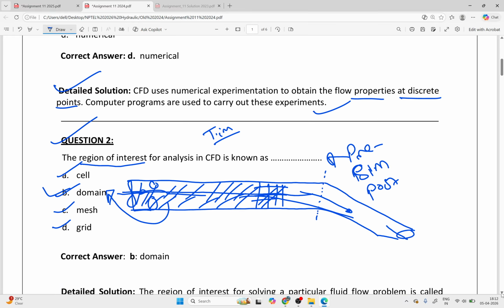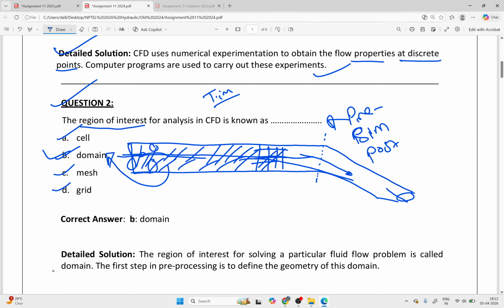Very fundamental. Here you can see the detailed solution. The region of interest for solving a particular fluid flow problem is called the domain. The first step in pre-processing is to define the geometry of this domain. Then meshing, then you apply the initial condition and boundary conditions.